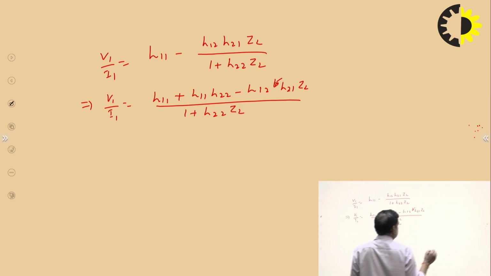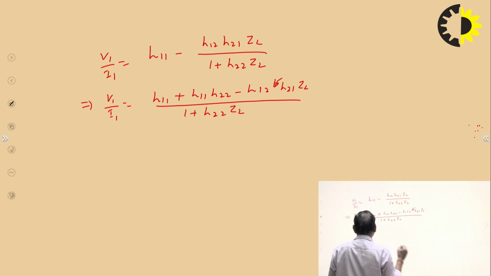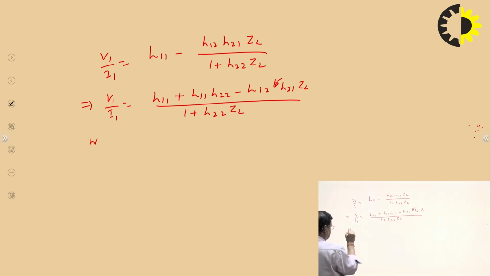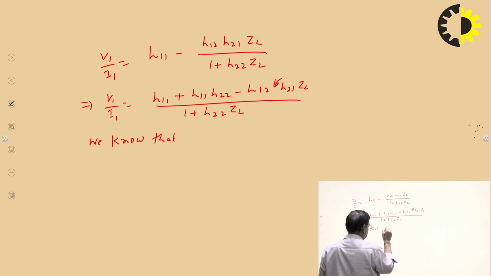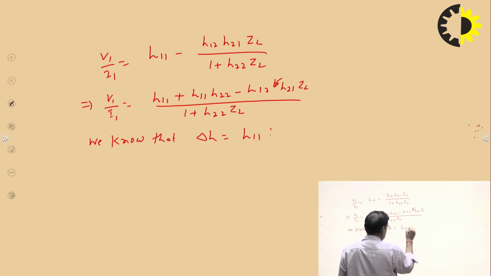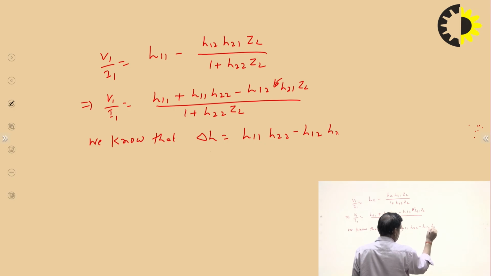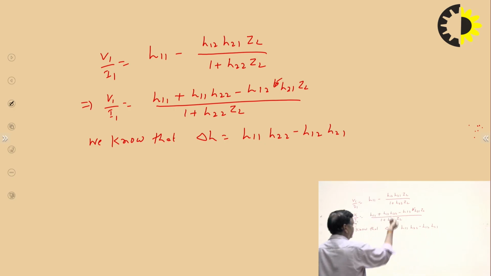So we know that the determinant of the H parameters, delta H, is equal to H11 H22 minus H12 H21. So in place we can write delta H.